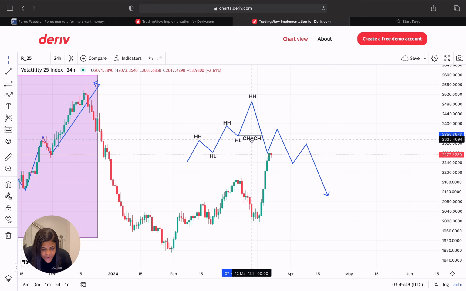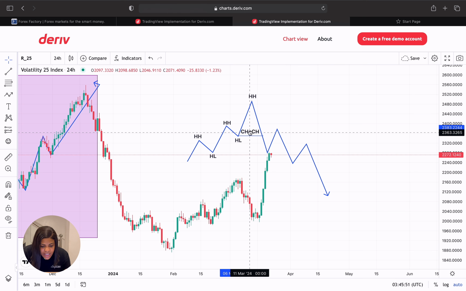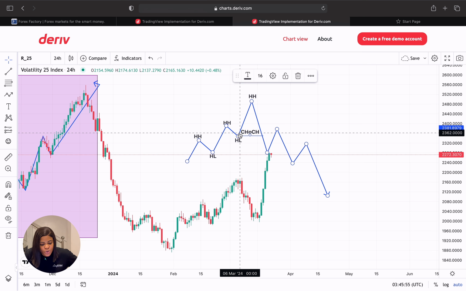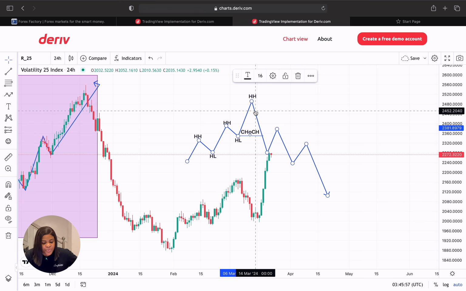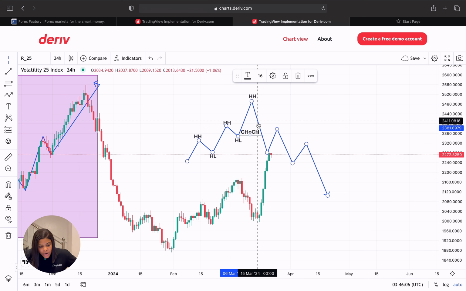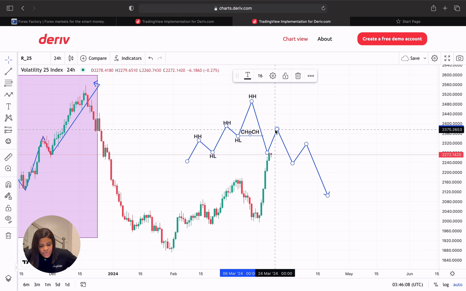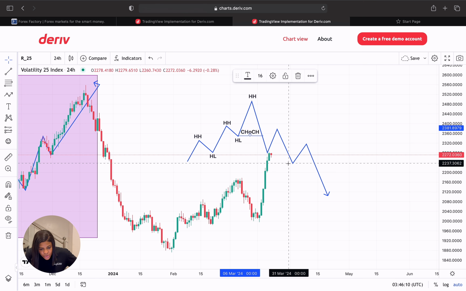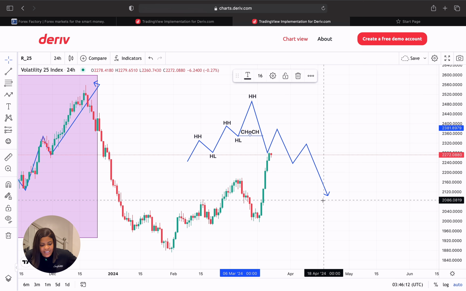Now, the change of character happened where? The change of character happened here. Because the rule states that it must not break the last higher low. If it breaks the last higher low, that uptrend structure is no longer valid. So what happened? Market broke past it, came here to retest, continue. Now it is creating what? A downtrend.